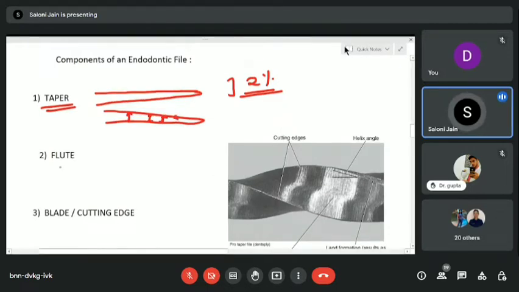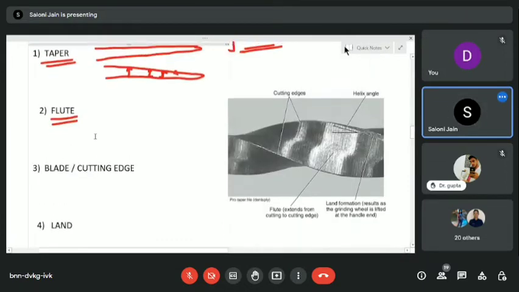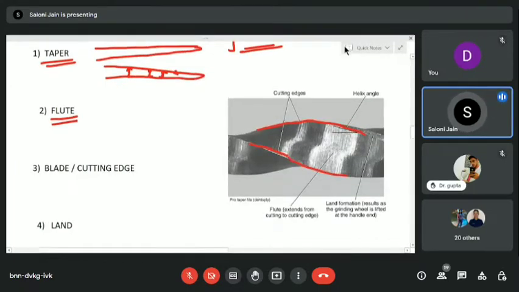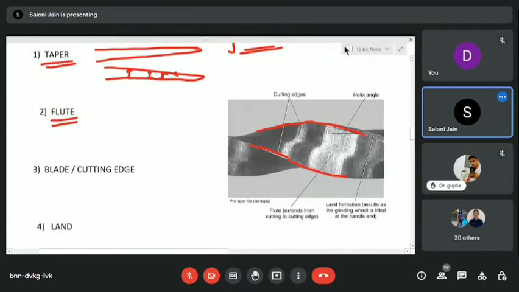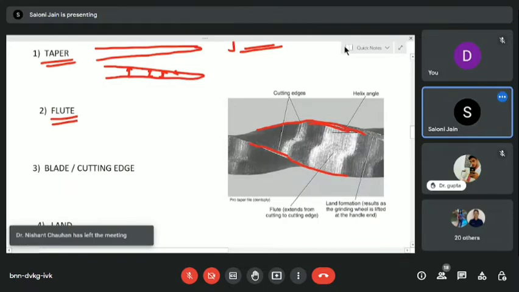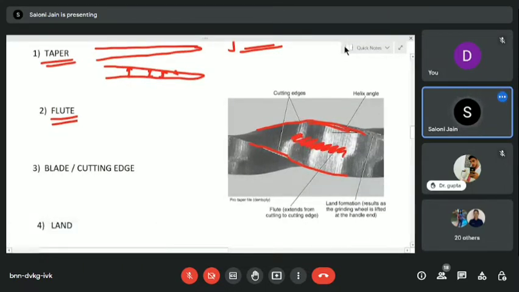Next, we have flutes. Now, what is a flute? It is nothing but the grooves or the reliefs on the working surface of the file, which basically collects the debris. You see here, these are your cutting edges. These sharp edges of a file or an instrument are the cutting edges. Then the area in between the cutting edges is the flute.